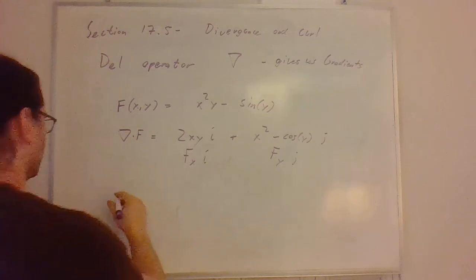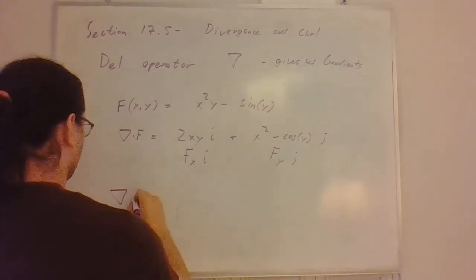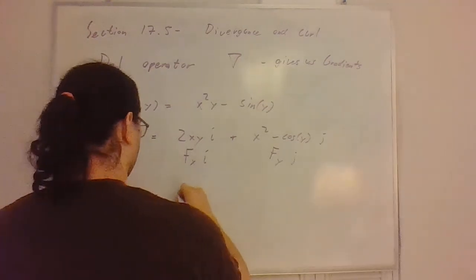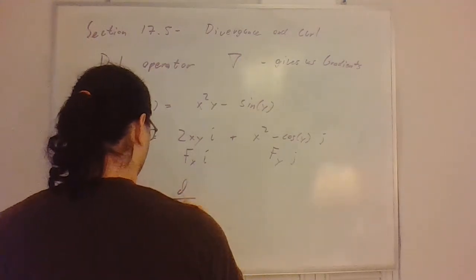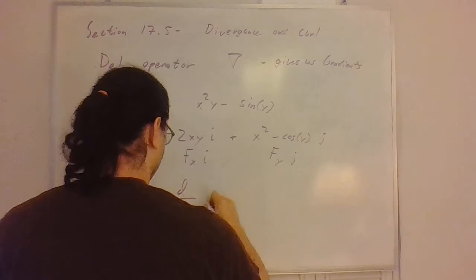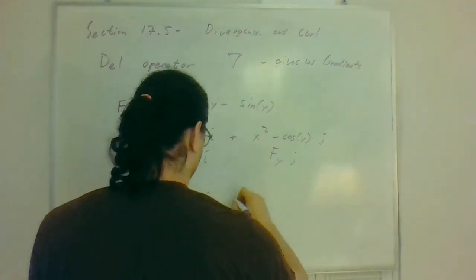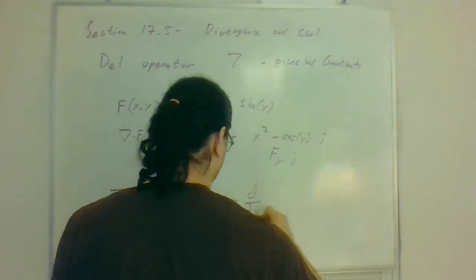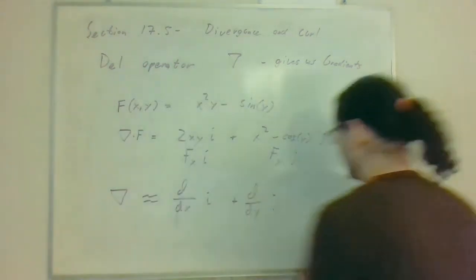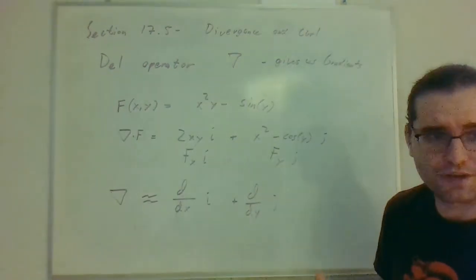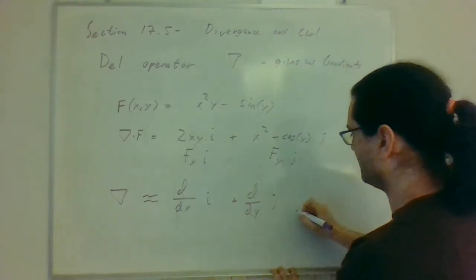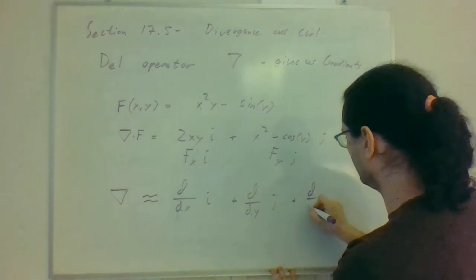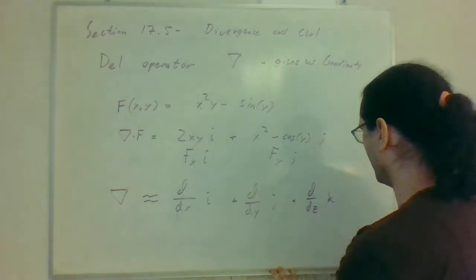I just talked about the del operator. I want to formally define this. The del operator means partial derivative with respect to x, i, plus partial derivative with respect to y, j, and then if we're working in 3 dimensions, which we sometimes will be, there'll be a partial derivative with respect to z, k.